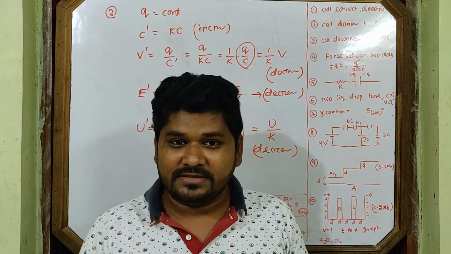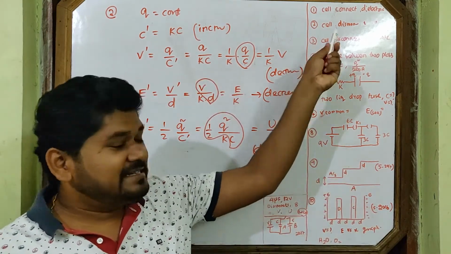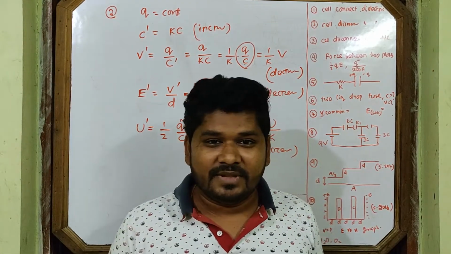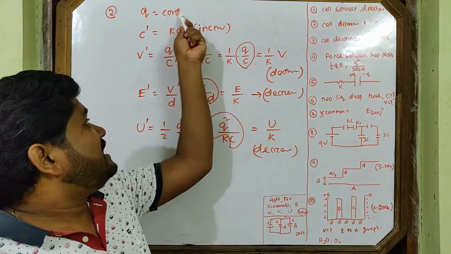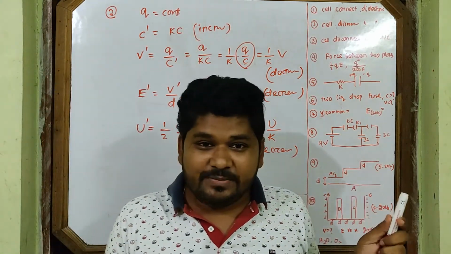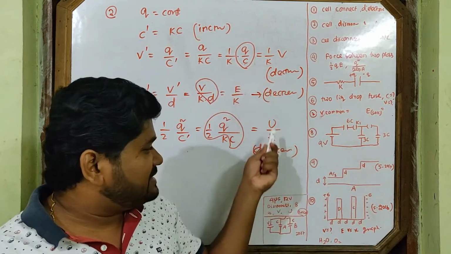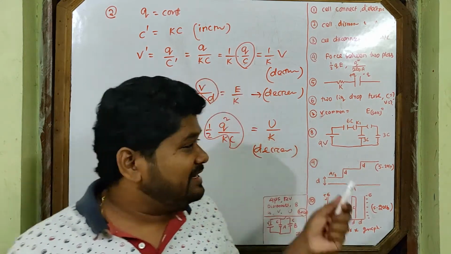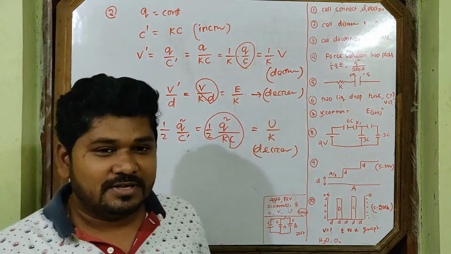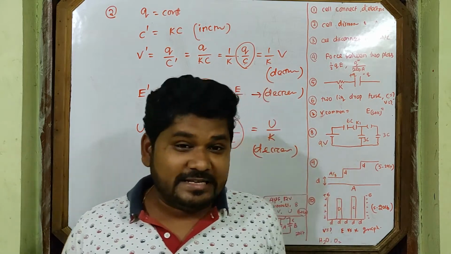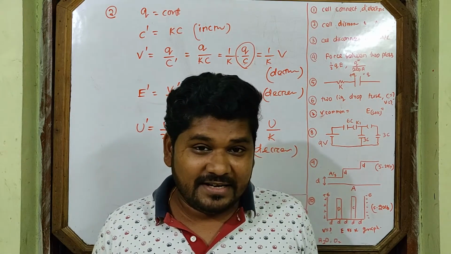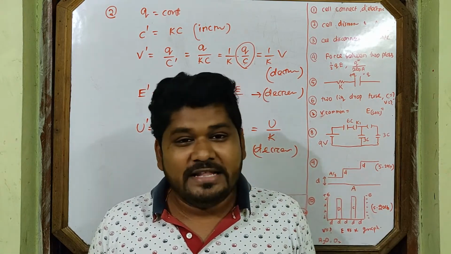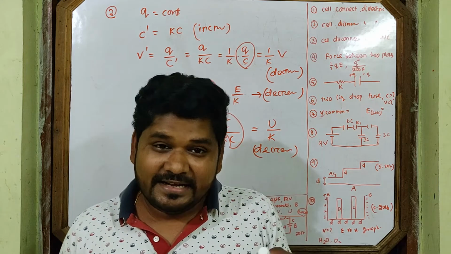There is no decrease. But when the cell is disconnected, charge is constant, capacitance must increase, but other quantities decrease, which are a little complicated to find out. So when the cell is connected, increase. When the cell is disconnected, decrease.